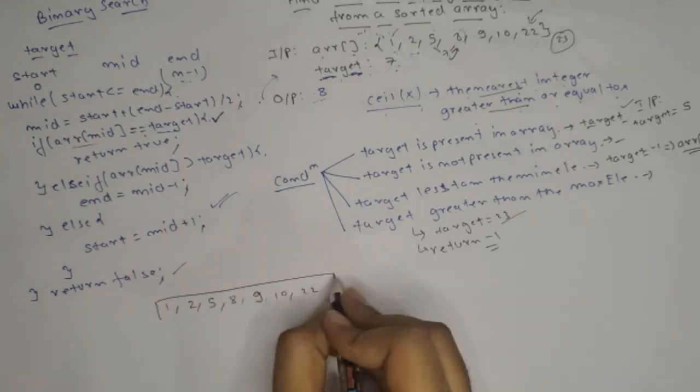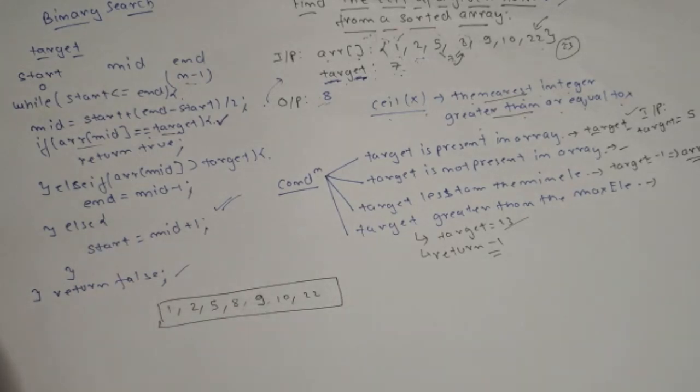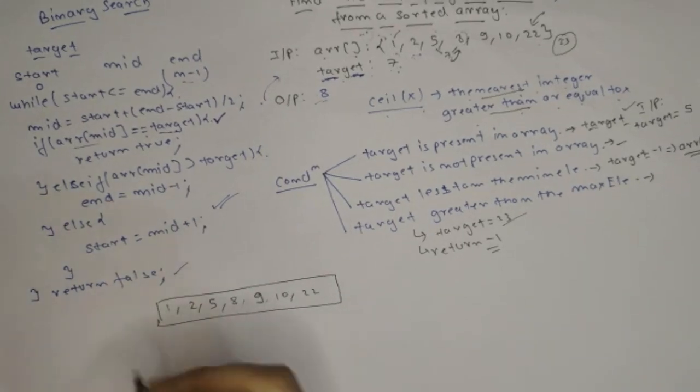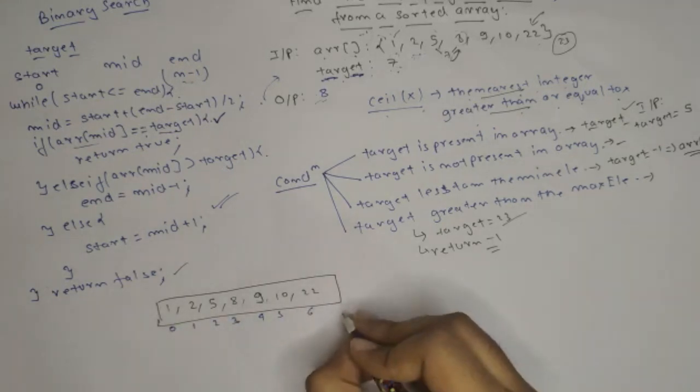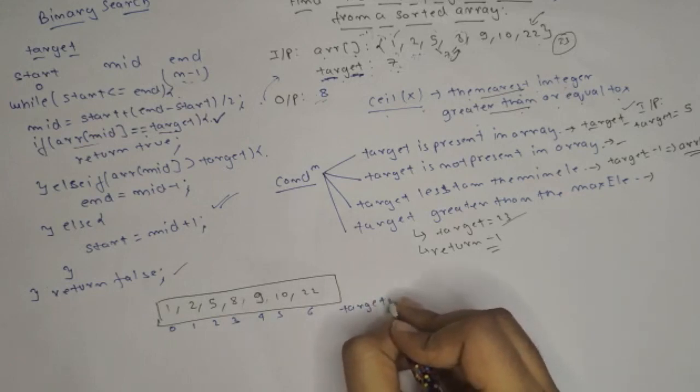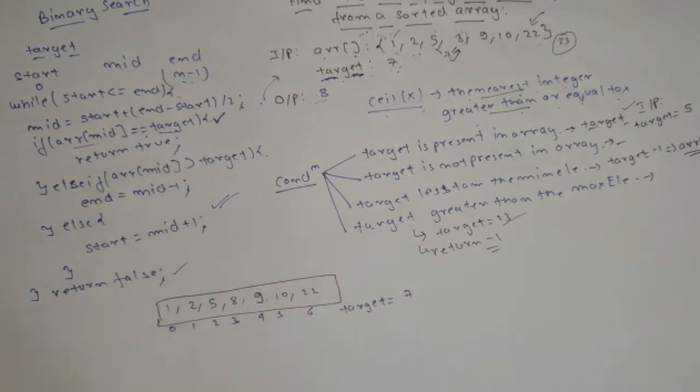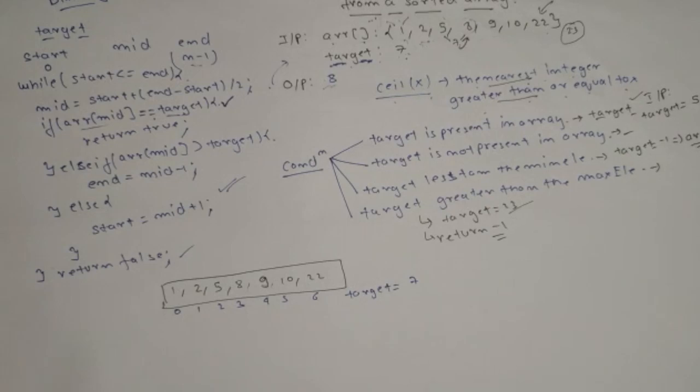Okay, this was our array, and let's put the index first: 0, 1, 2, 3, 4, 5 and 6, and the target value was 7. So we were looking for this.